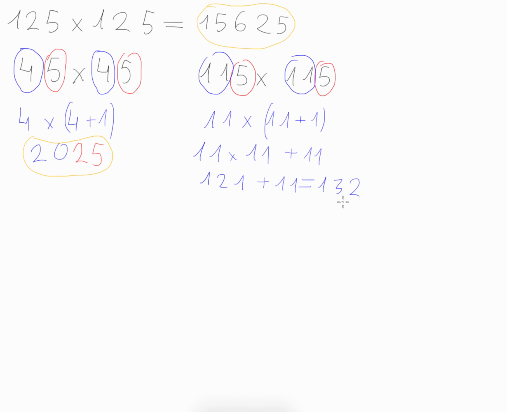So this is the front part of our result. And now what we do is just add 25 at the end. And this is the result: 115 squared equals 13,225. Well, that's the result. And you already know the trick. That's it.